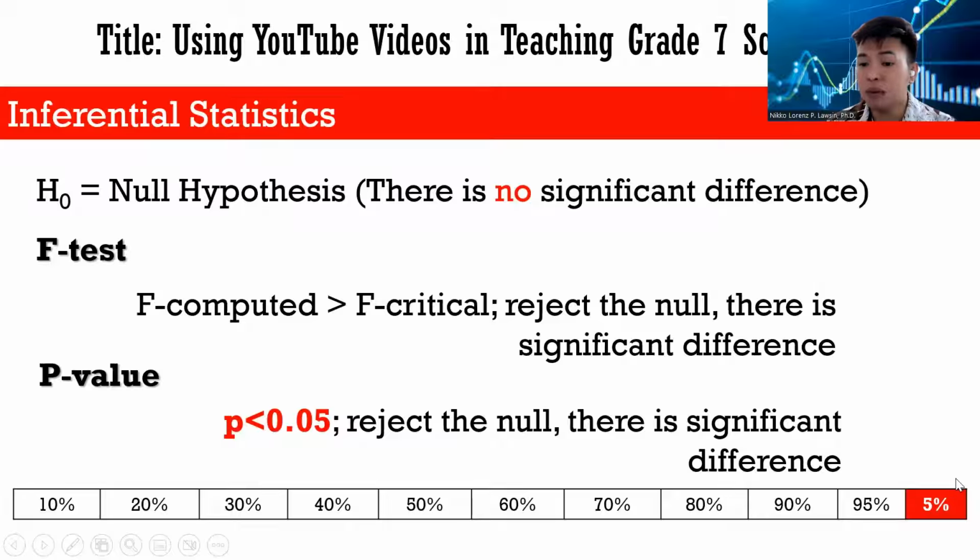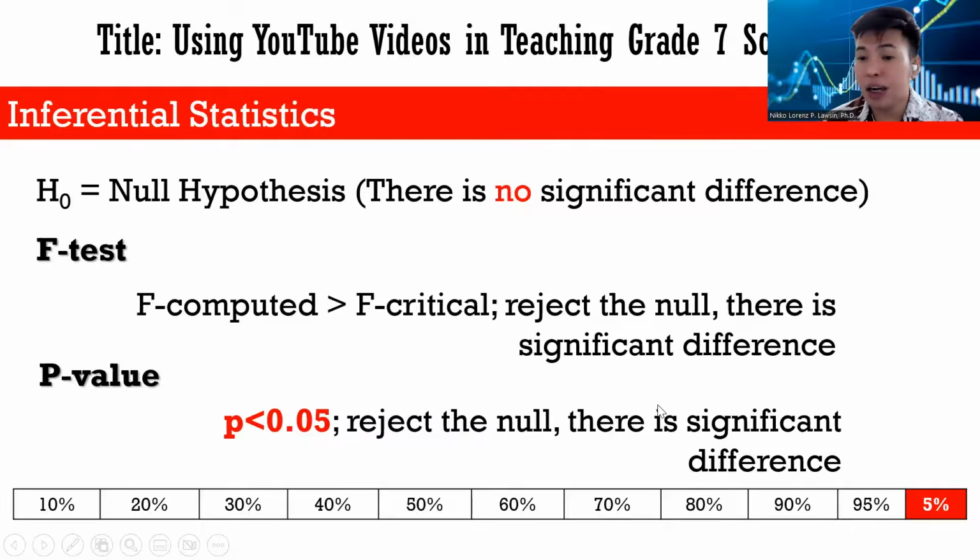Again, let me repeat, the 5% or the p equal to 0.05, that is the statistically significant or statistically acceptable value in order for us to accept or reject the null hypothesis. If we reject at 0.05, therefore there is significant difference.